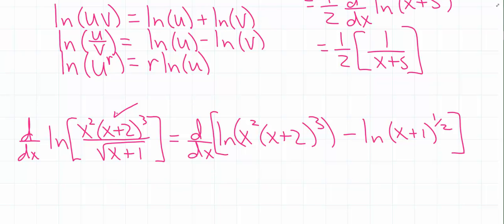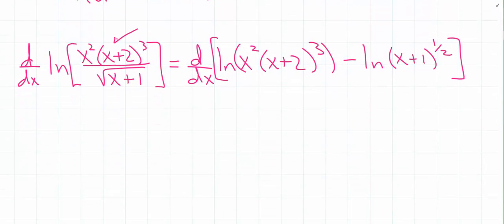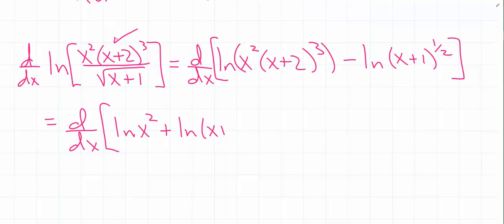Just subtracted off that thing. Now, let's see what more I can do. I can say, well, that's going to be the same as the derivative of the log of x squared plus the log of (x plus 2) cubed, minus 1/2 log of x plus 1. Things good so far? Okay.